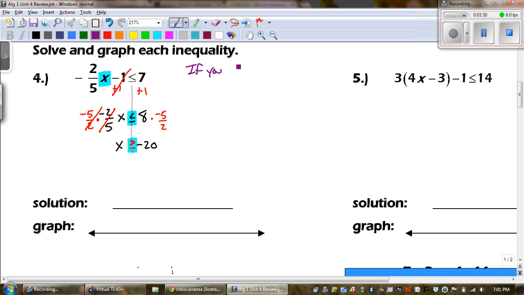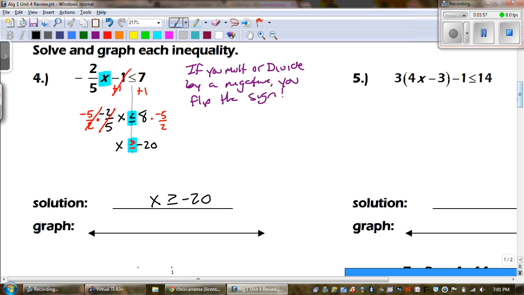If you multiply or divide by a negative, you flip the sign, okay? Every time. Okay, so now we're done. Our solution, x is greater than or equal to -20.